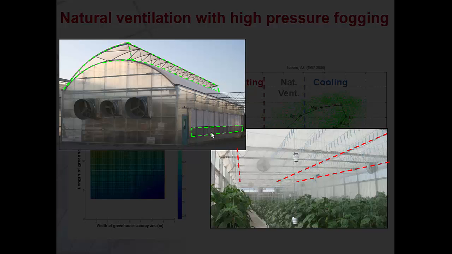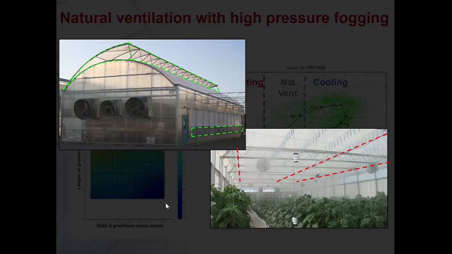And it is also possible to achieve water and energy savings with the use of natural ventilation integrated with high pressure fogging systems. The fog system for evaporative cooling is similar to a traditional misting system in many aspects.